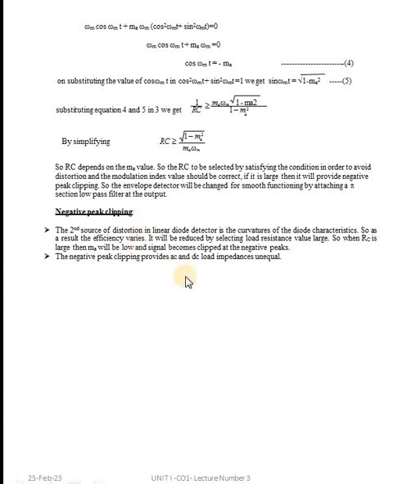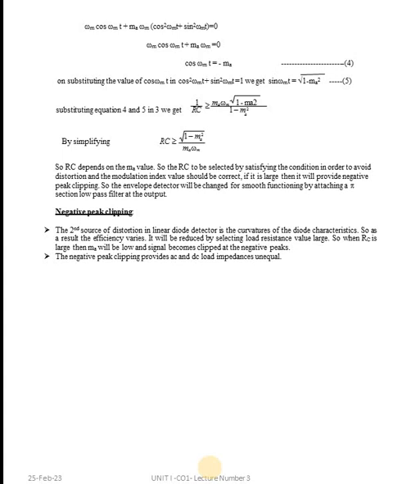Then the next one is negative clipping. This is due to large values of RC. The second source of distortion in a linear diode detector is the curvature of the diode characteristics. As a result, the efficiency varies. It will reduce by selecting the load resistance as a large value.